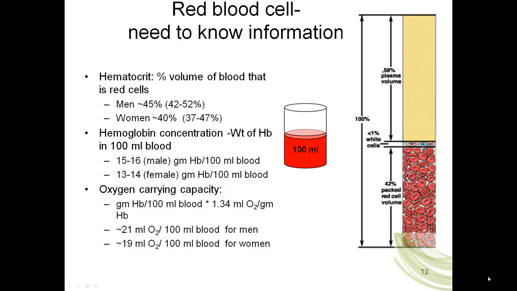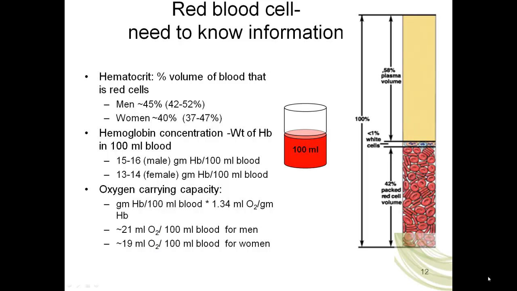So men and women each have their own acceptable ranges for hematocrit. For our class, for testing purposes, we will pick 45% as our normal value for both men and women. That's a little bit high for women and a little bit on the low side for men, but it's a nice middle of the road average.